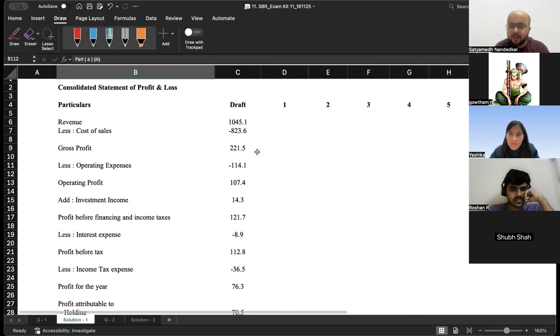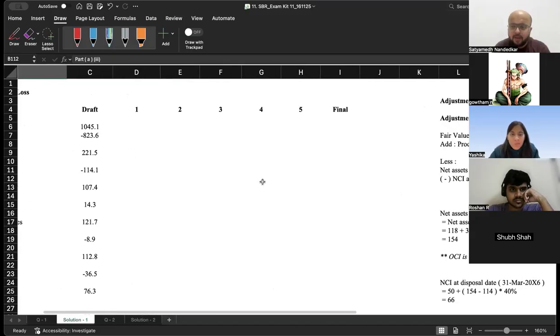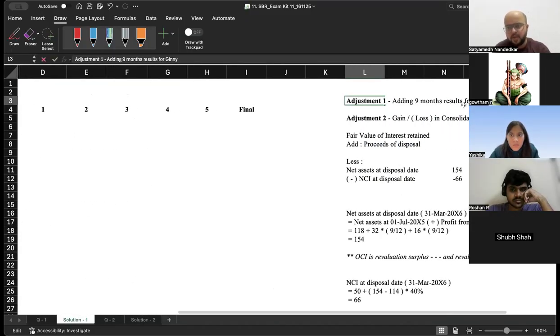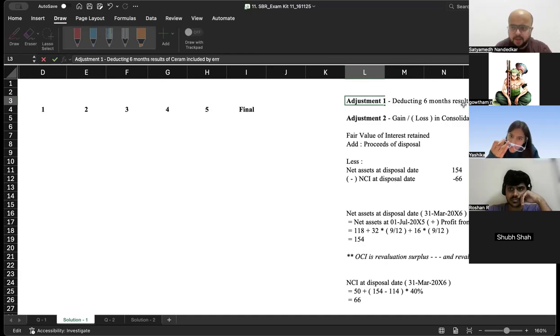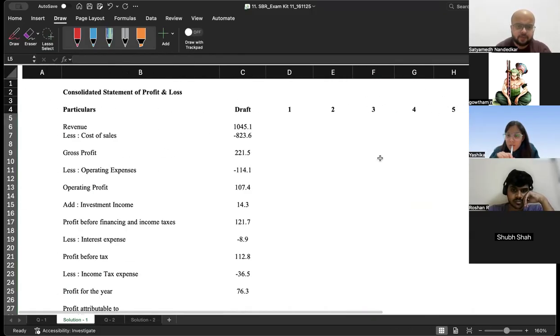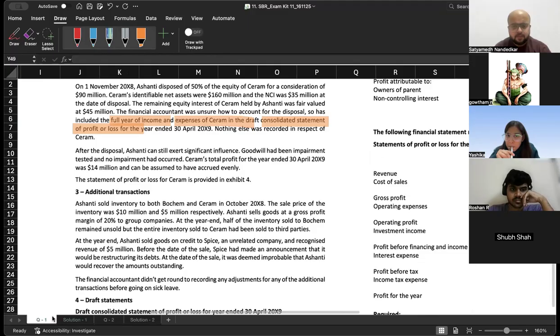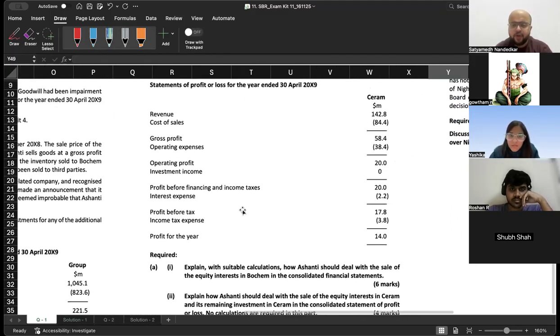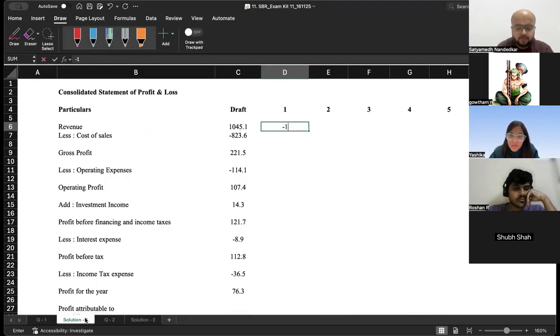I've already kept it ready here. Adjustment 1 is going to be deducting 6-month results of Serum included by error. That is the first adjustment. Let us keep this open side by side. 142.8, halve it. Why do we halve it, you know, right?